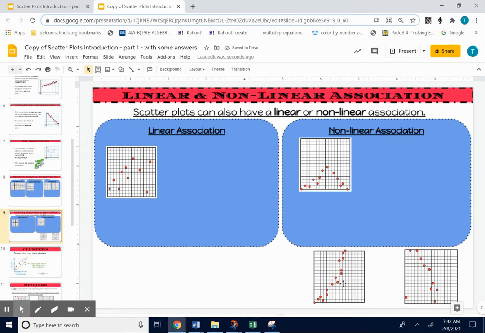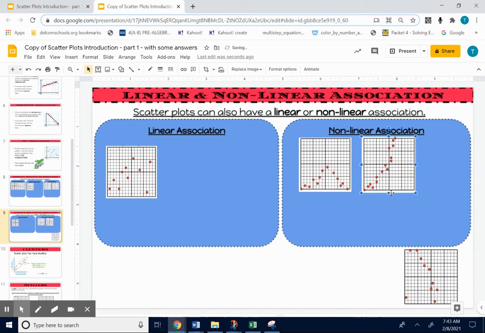Okay, this next one, to me, looks like a curve. It looks like the points are kind of going along a curve, so I would say that's nonlinear. This last one, I've actually had kids disagree with this because they thought that would be a straight line going down like right there.